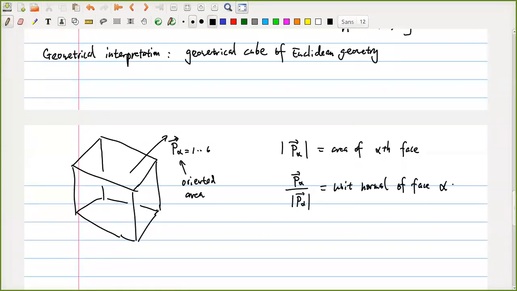Okay. So here, because this cube is in Euclidean geometry, you definitely can talk about the area of the face and the unit normal of the face.